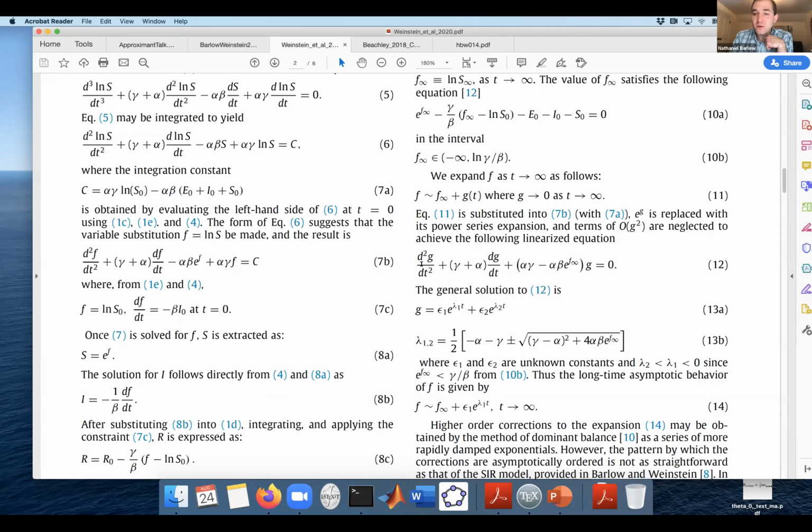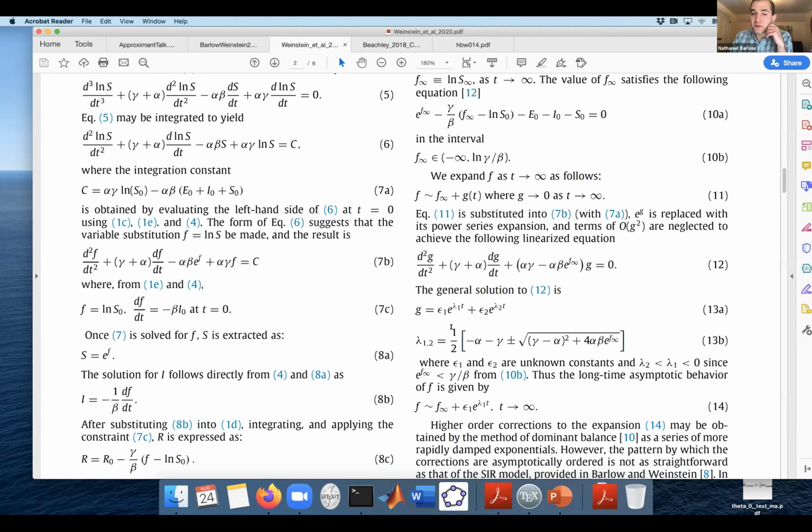But the final thing we found is that as time goes to infinity, you can expand the series about its final state, f infinity, and the differential equation reduces to a constant coefficient linear differential equation with the solution given by 13a, using the method of characteristic roots.